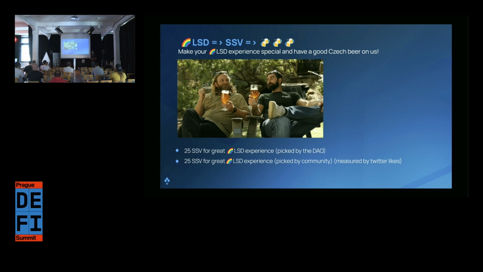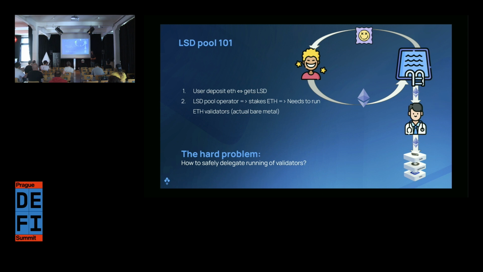The people participating and actually finishing this will have a good chance to get 25 SSV, which is around 500 USD right now. Nobody knows what it will be in the future. So that's something to get you started and give you some additional incentive here.